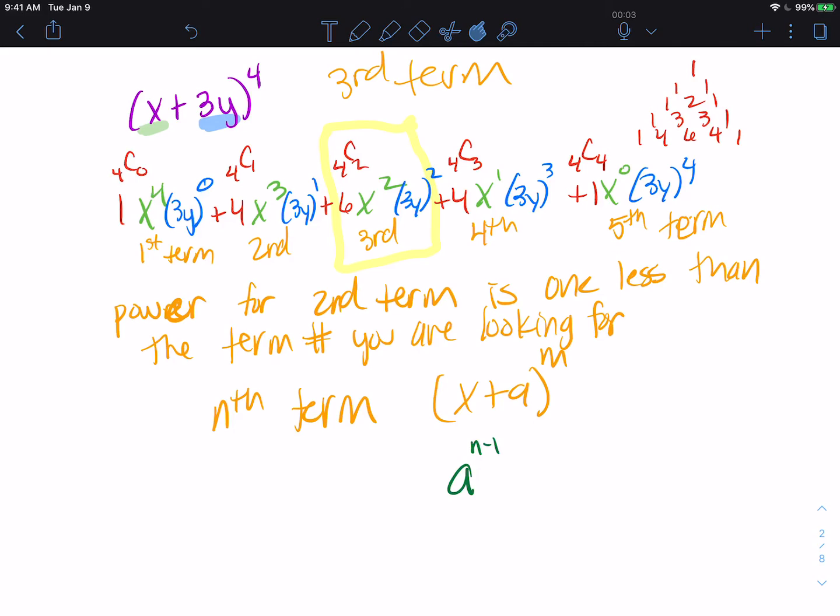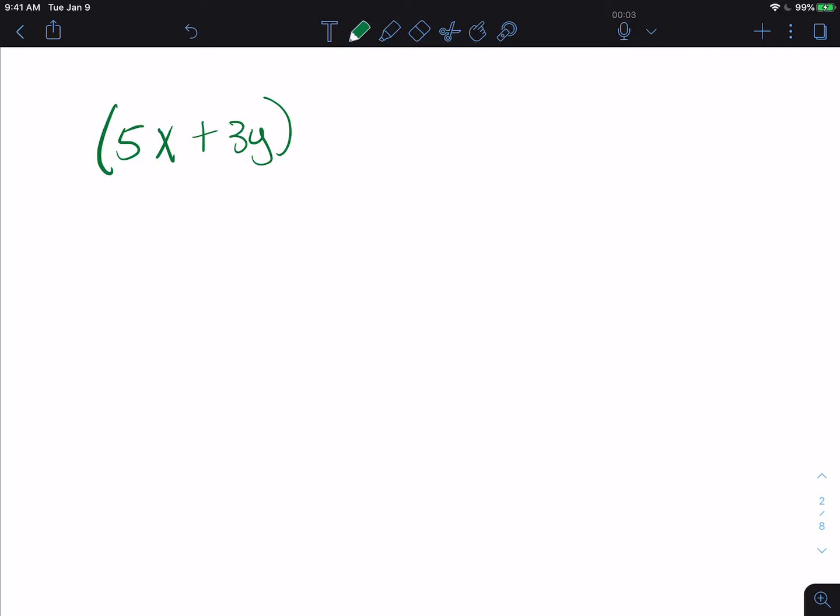So let's try an example. If I give you 5x plus 3y to the 20th, and we want to find the 17th term, you do not want to find all of them for this expansion if you just want the 17th term.